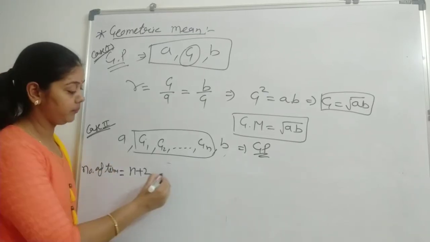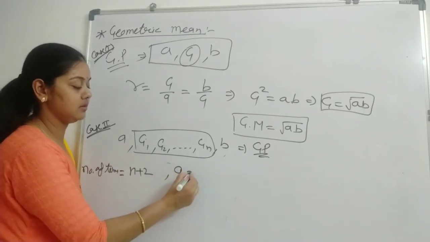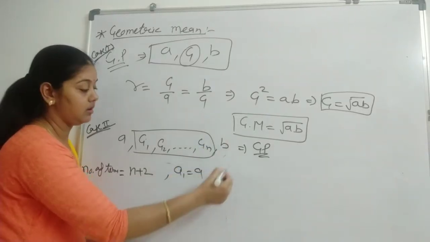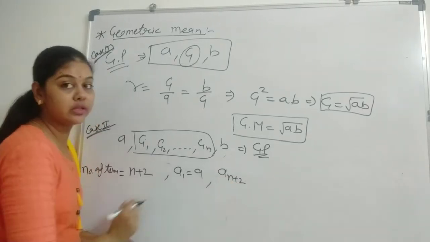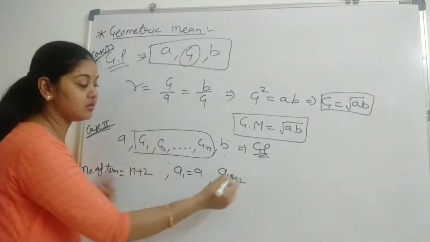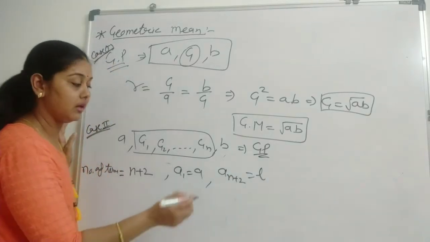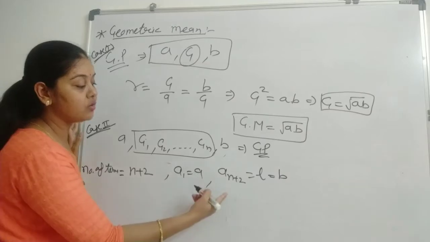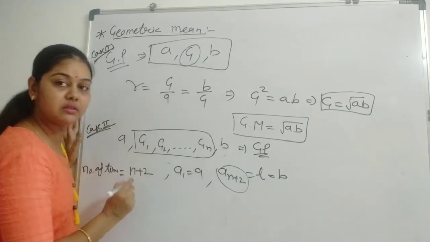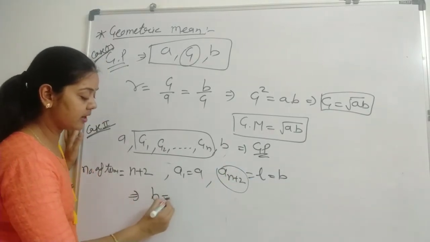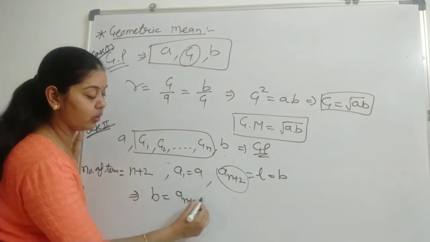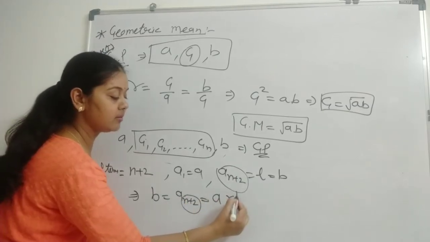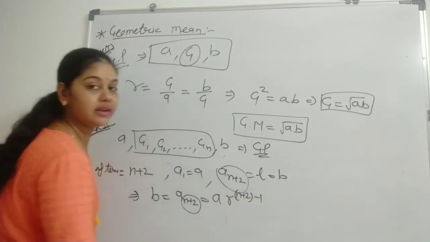First term is a and this is the (n plus 2)th term. This is the last term, the (n plus 2)th term, that is equal to b. Now using the formula for the (n plus 2)th term, we can write b as a r raised to power n plus 2 minus 1.